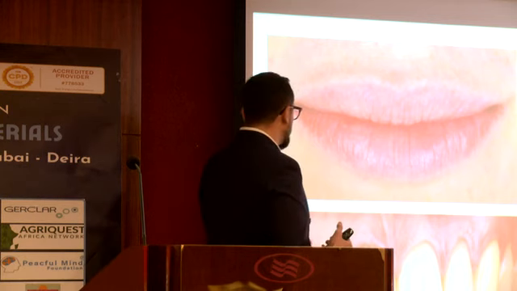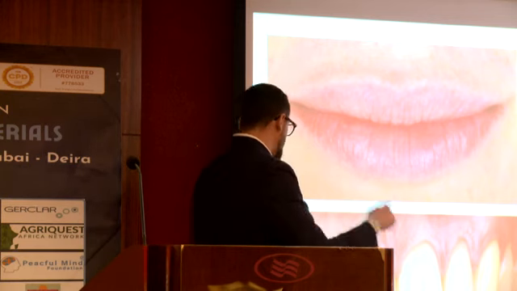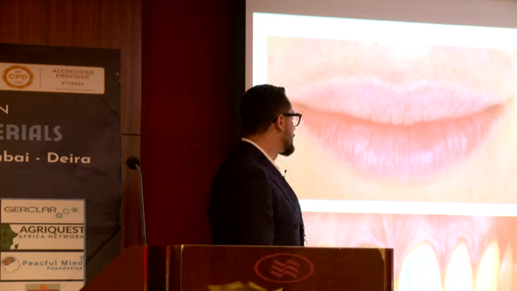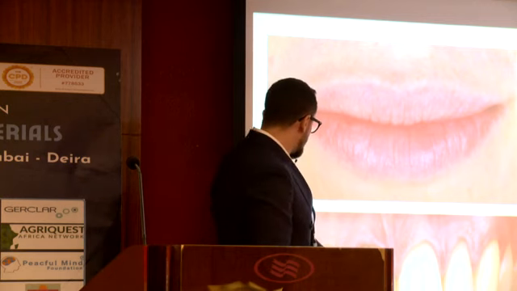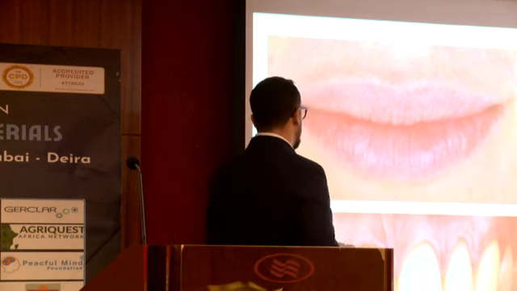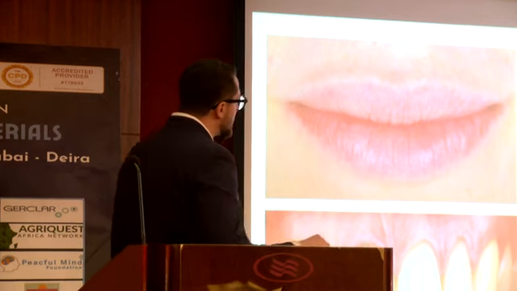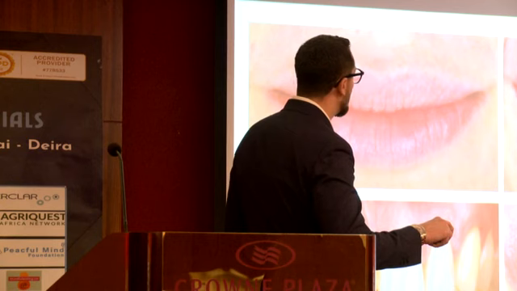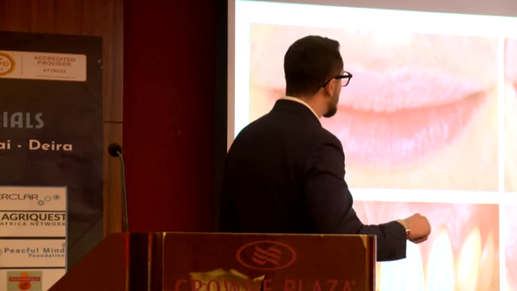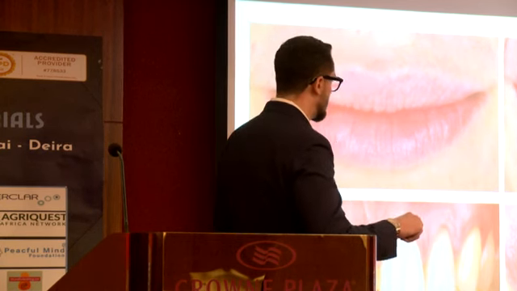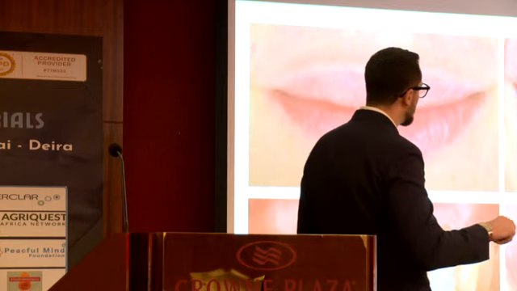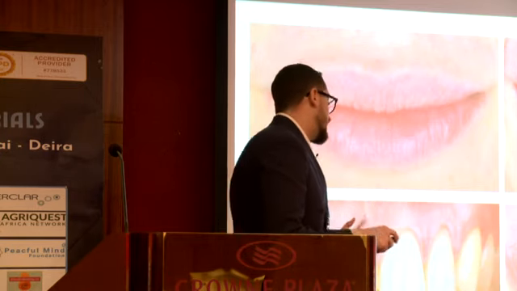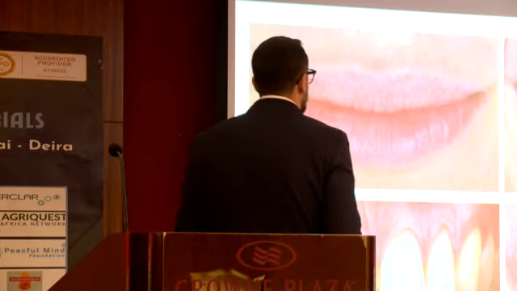We have a perfectly preserved architecture, a very well pronounced scallop, perfectly preserved papillae, and about the phenotype, we have a thick phenotype. And about the zenith in comparison to the contralateral, we have a gift from the sky: a slightly coronal zenith in comparison to the contralateral. So it seems to be easy to manage the zenith, and so the final result of the final restoration.